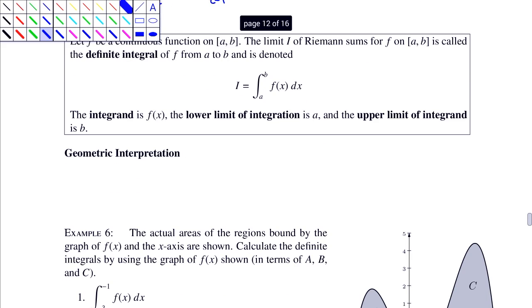All right, now the geometric interpretation. So the integral from a to b of f of x dx, it's very much related to area, but it is signed area.